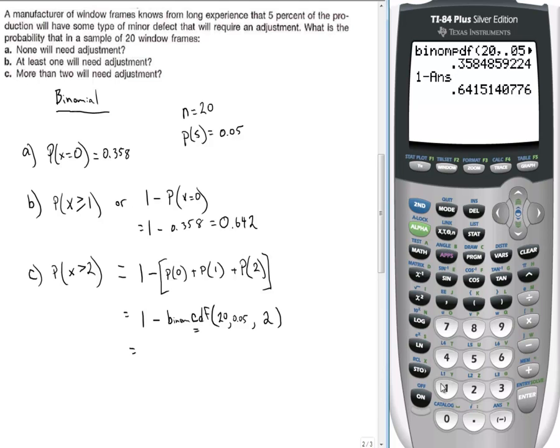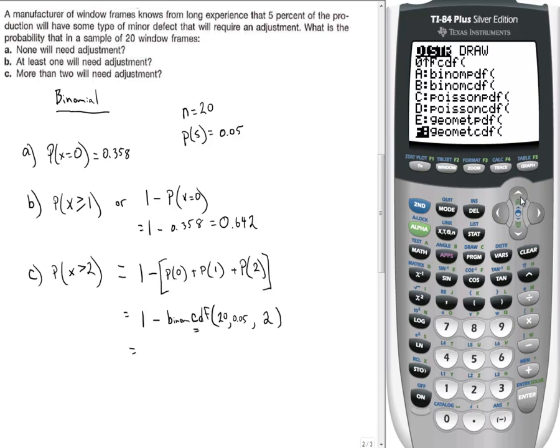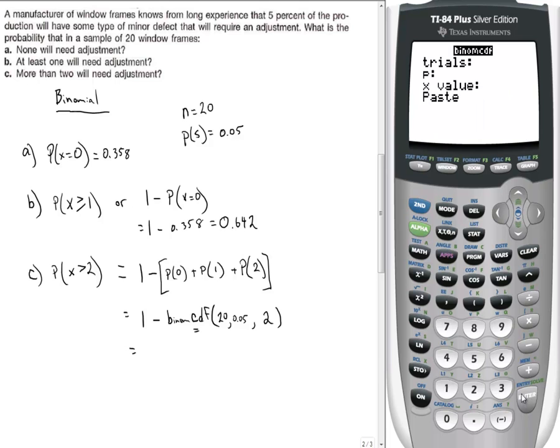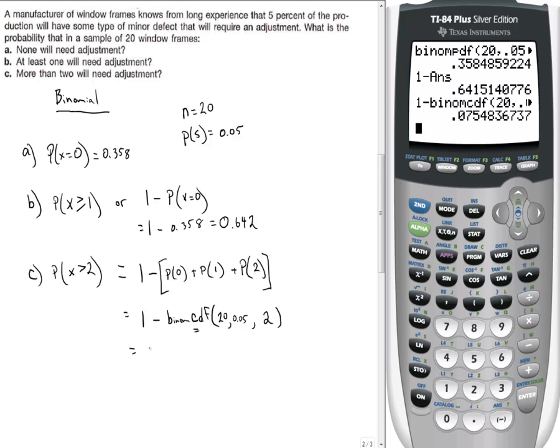And so we can put that all together. 1 minus distribution, cumulative, binomial CDF this time. Trials is 20, 0.05 for the probability of success, 2 we want to subtract from, and we find that the probability of more than 2 is 0.75 or 7.5%. And that's the end of that example.